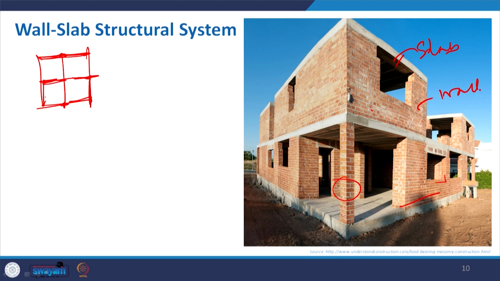But again, for the load bearing wall, the proportion of the opening should not be really high, because then the load that it could carry will be hampered. So, this is one obstruction, but this load bearing structure is somewhat easier to build.